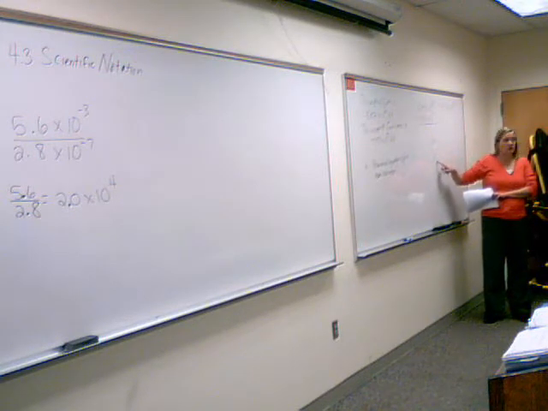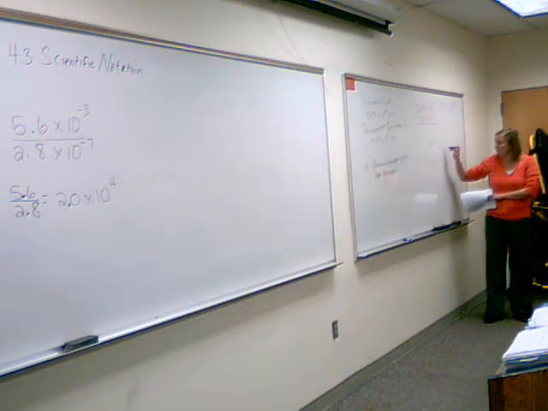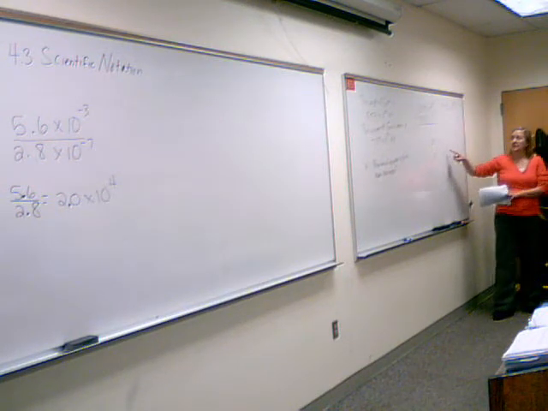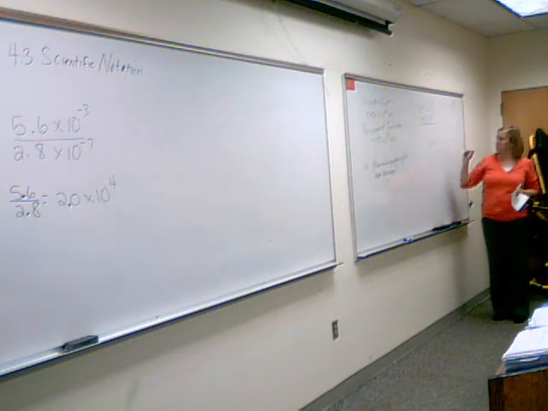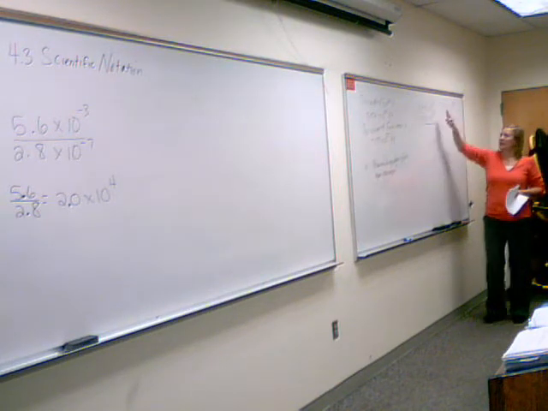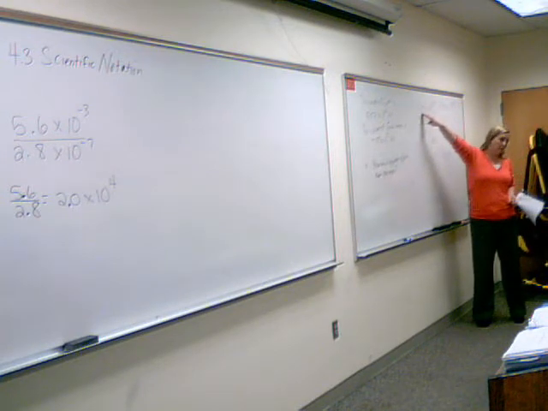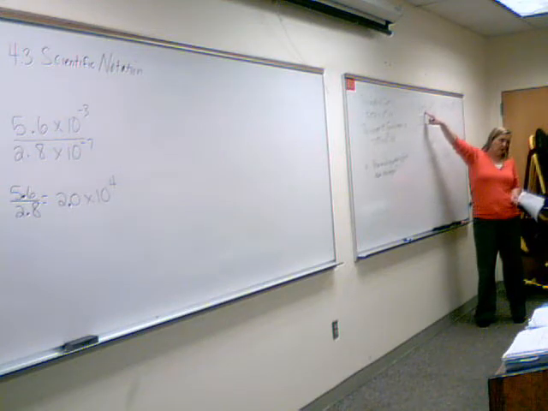I'm taking away 2 tens, or 10 squared, which is 100. It didn't go away into outer space. I have to put it back into the number, so I have to move it twice this way.